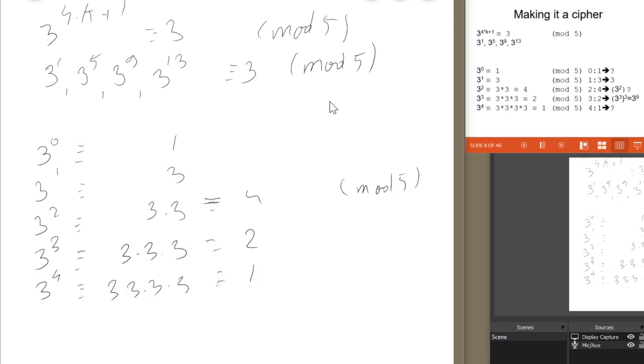A question that comes out of here is an observation first. The results you are getting are all distinct. Namely, we get 1, 3, 4, 2, 1. Okay, so we get a repetition from this level on.